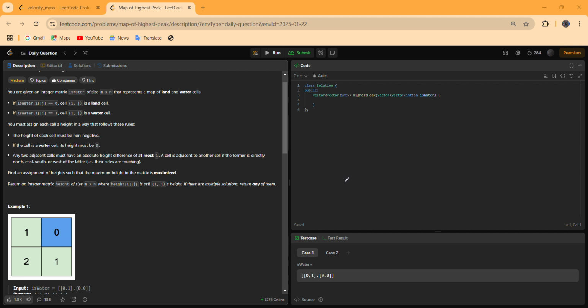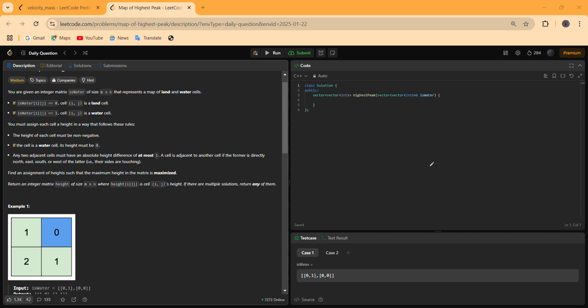Then this could be 0, and this could also be 0. Okay, then the other adjacent cells of each one should be incremented by 1 in all 4 directions, like this.